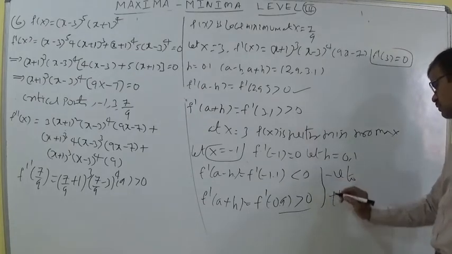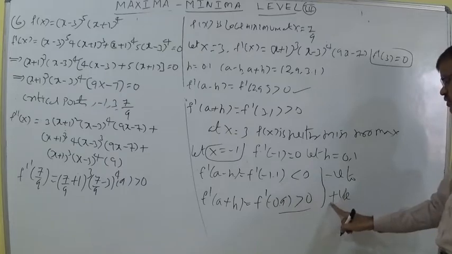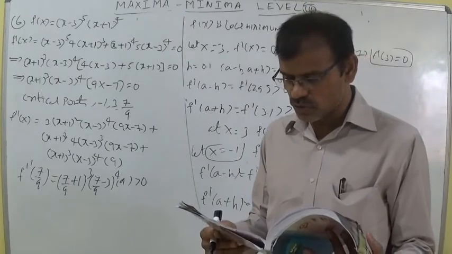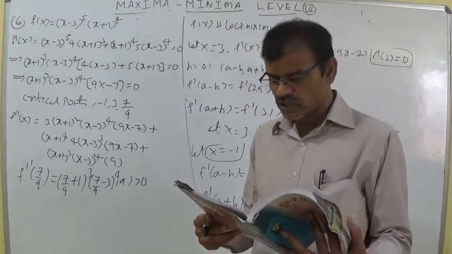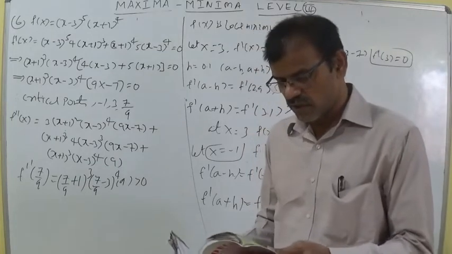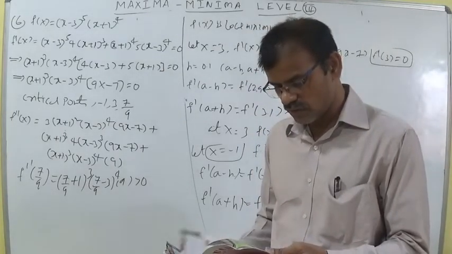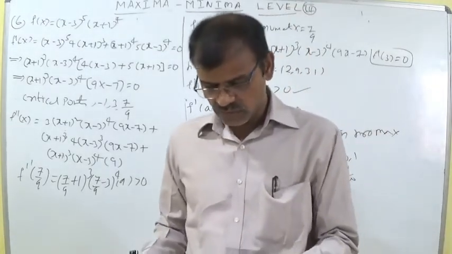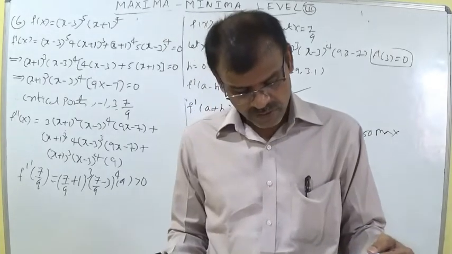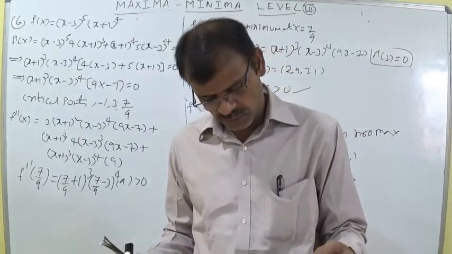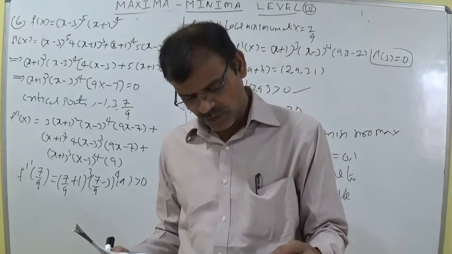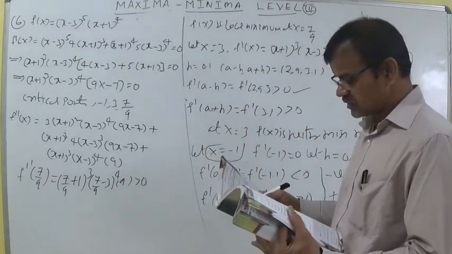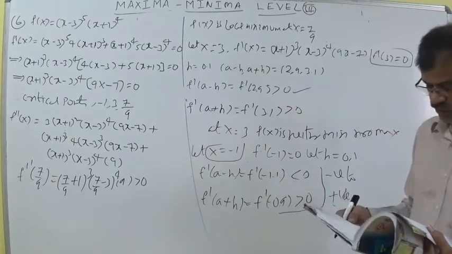If first derivative changes negative to positive, what we discussed previously in page number 172, we discussed that if first derivative test changes negative to positive, it is minima. So here third option verified. In page number 172, once again I am discussing, if the value changes from negative to positive, it is local minimum. So x is equal to minus 1 is the point of local minimum.